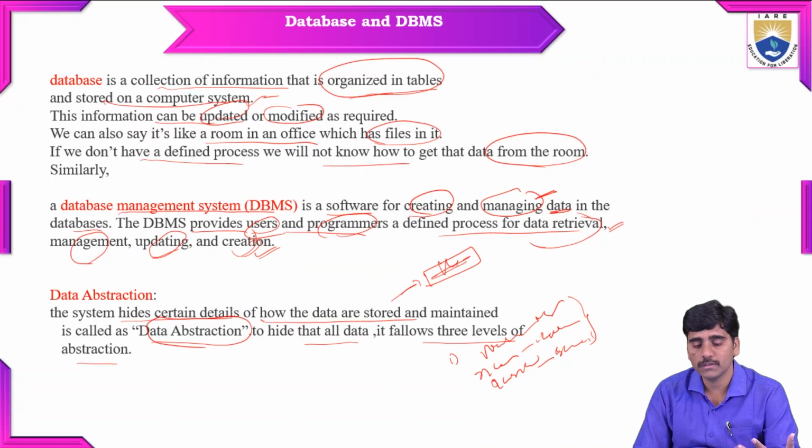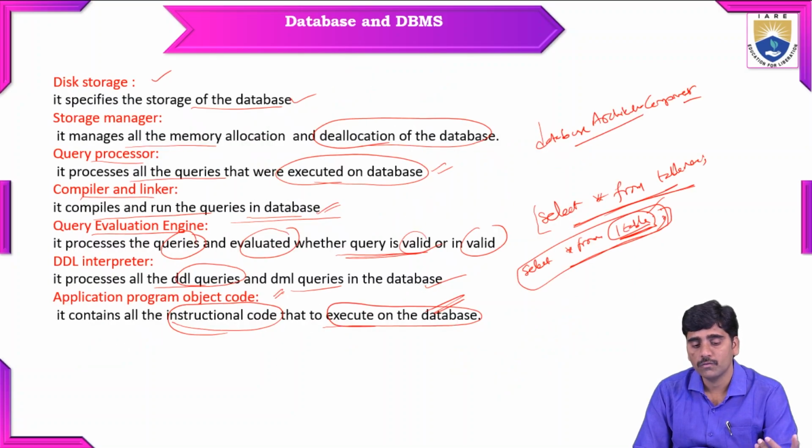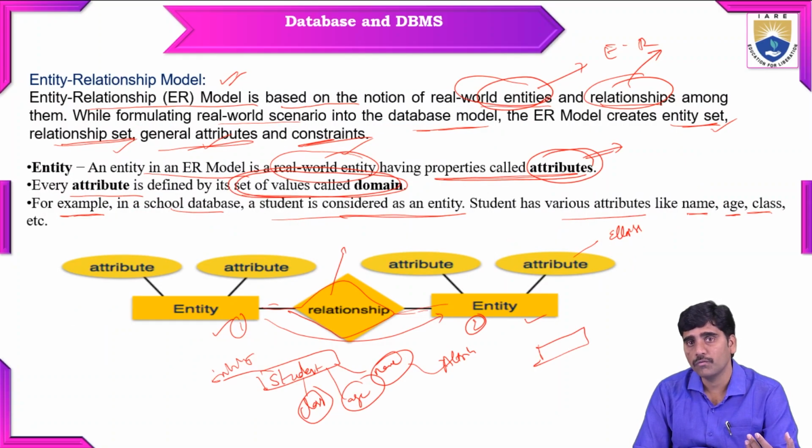What is database software, the DBMS, what is data abstraction, and what are the different types of architectural components used to express the structure of a database management system. And what are the different models used to design a good database.